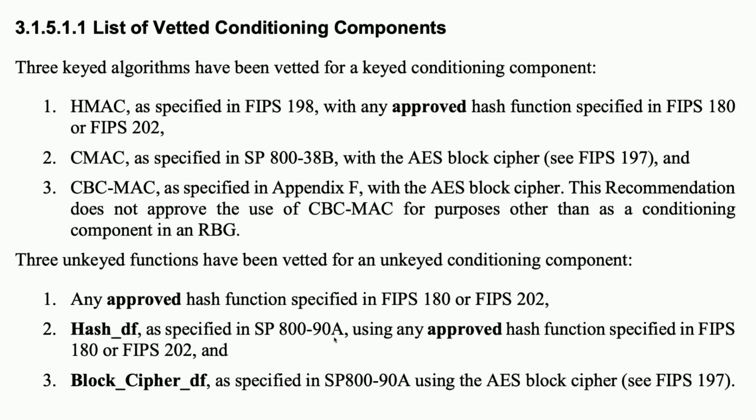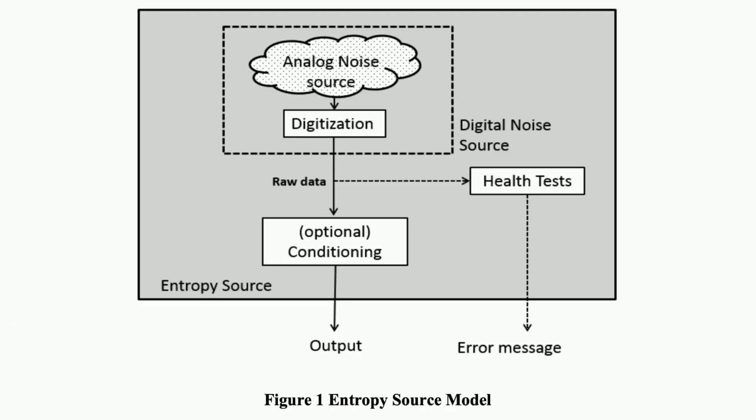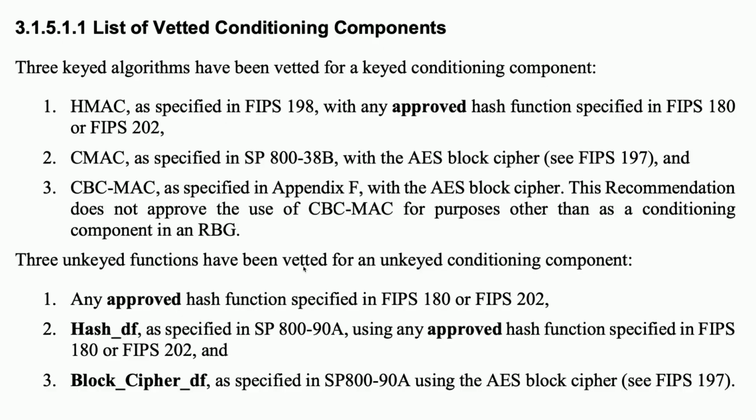Now, the job of SP800-90B is to specify the entropy extractors or the conditioning components. So what are those things doing in A? So if we go back to this idea here that this output goes on to SP800-90A and this conditioning component is optional, that's because you might be using this in the SP800-90A part of your design.